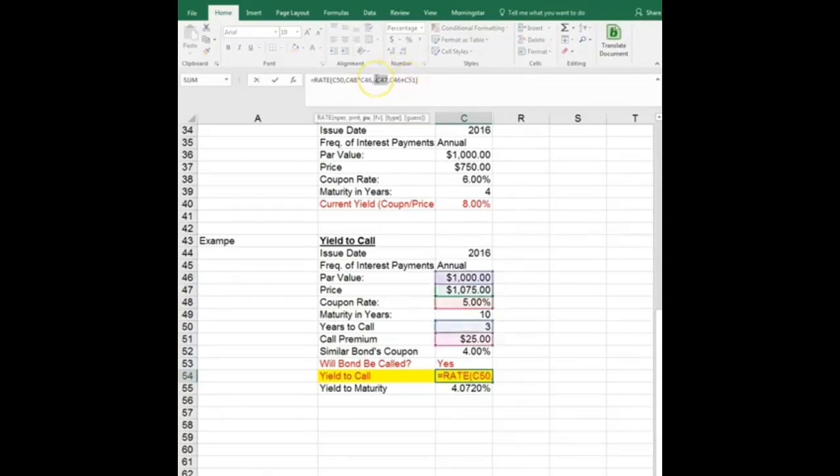We have to put a negative sign in front of the $1,075 price to reflect that we are purchasing the bond, and then the future value would be the $1,025. We let Excel do this calculation for us, and the yield to call is 3.14%. So the investor can expect, if they purchase this bond, to get a rate of return of 3.14% versus the yield to maturity, which was 4.07%.